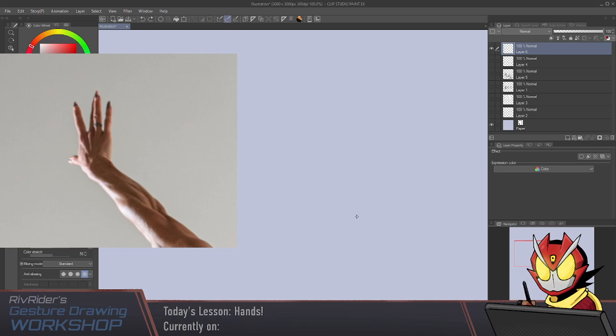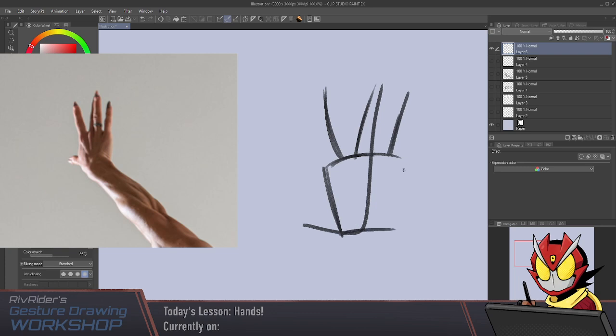But looking at this hand, we can see there's a lot of motion in how the thumb and the middle finger and ring finger are pulling up together. You can see that, and the two fingers that are splayed out, and then we connect it all with that box we talked about. And there's a bit of foreshortening, so this is actually a bit more of a curve.